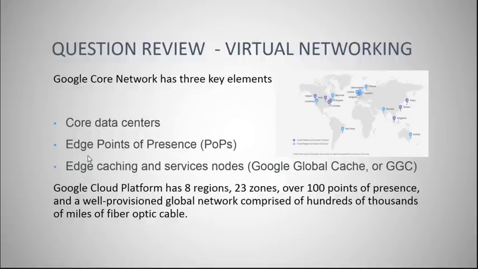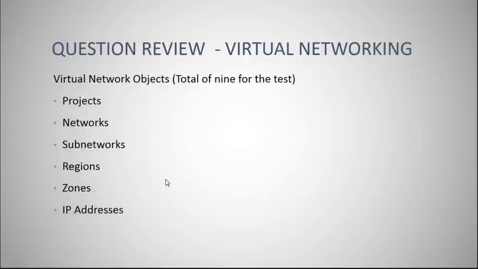And there's hundreds of those all over the world as well. Now, the Google Cloud Platform, they have 8 regions, 23 zones, over 100 points of presence, as well as a well-provisioned global network with thousands of miles of fiber optic cable.